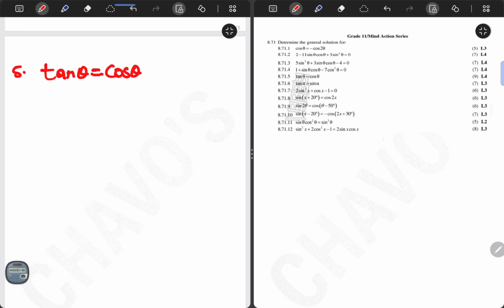So first thing first, I'm going to apply the quotient identity. I'm going to have cos theta and cross multiply.